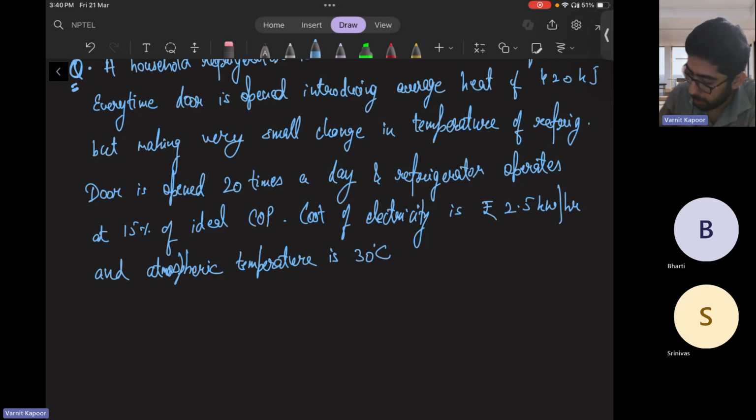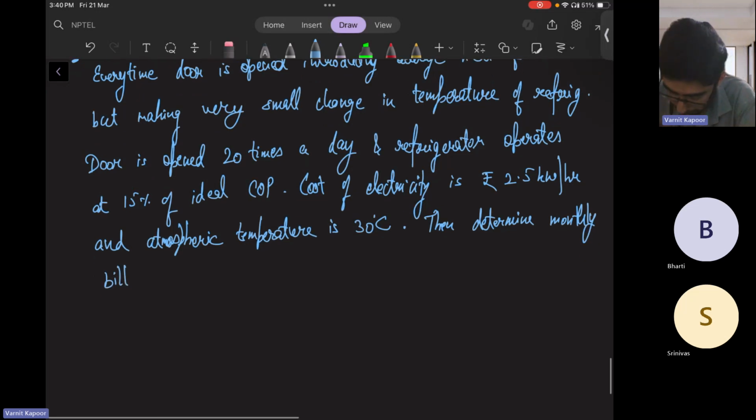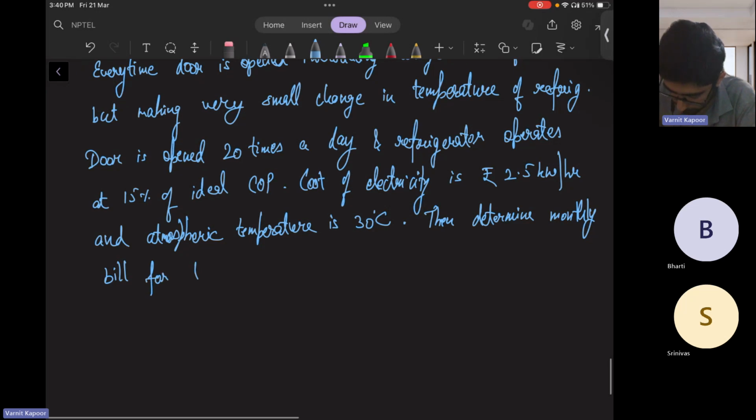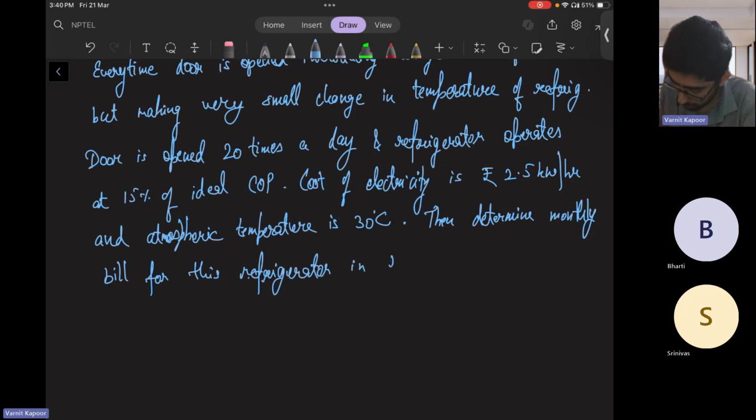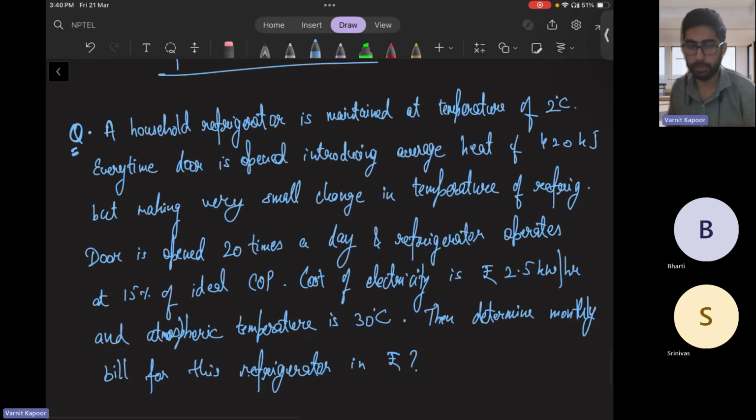Then determine the monthly bill for this refrigerator in rupees. Okay. Do this question, please.